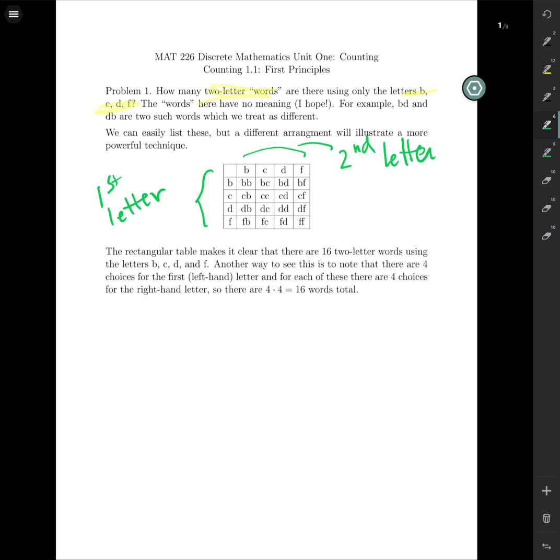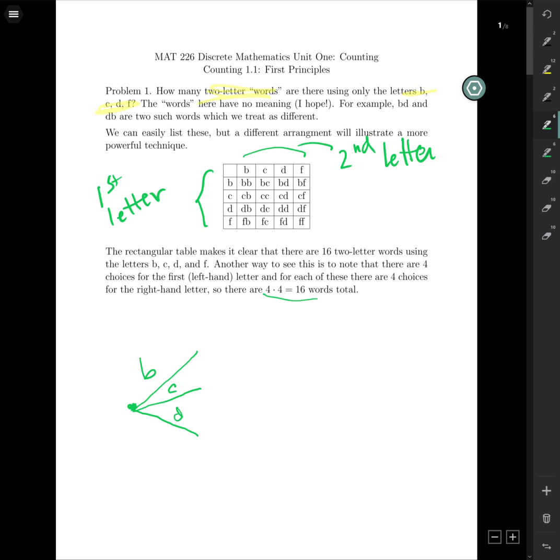Another way that people sometimes illustrate this product property is to use a tree diagram, where we have a node that represents our starting point for the branches. We draw a branch for B, the first letter that's available, then another for C, another for D, and another for F. So we have 4 branches for the start, and off of each of these branches we can use any one of B, C, D, and F for the second letter.